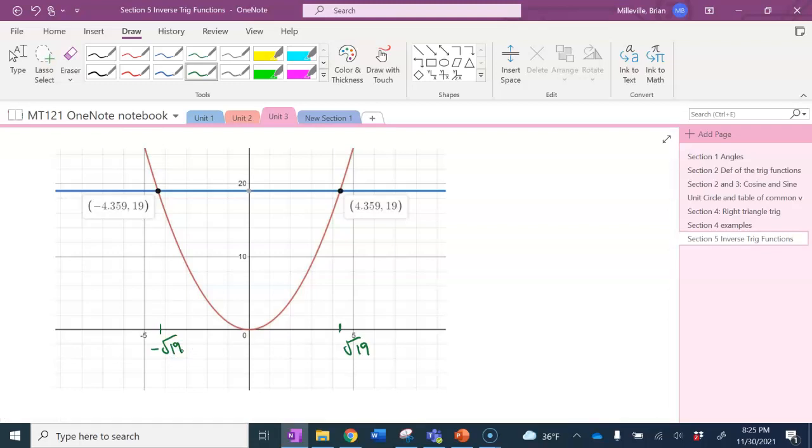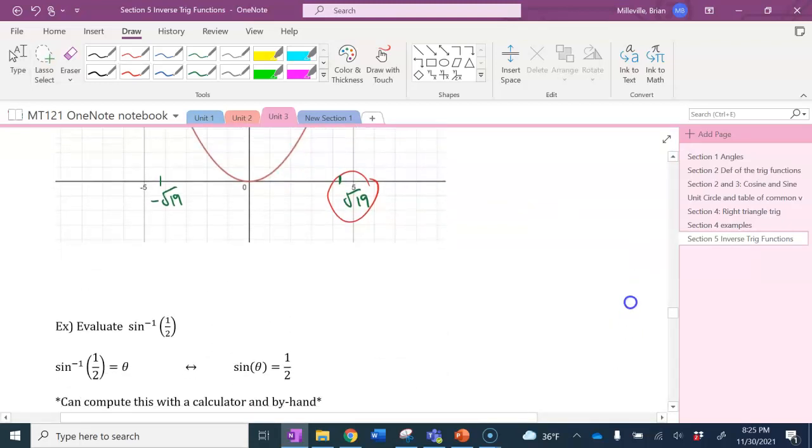Now, we're really going to be focusing on the positive solution here and forgetting about the negative solution. Notice this equation, x squared equals 19, has 2 solutions. For the inverse function, we are only concerned about the positive solution, only one of those. Let's keep that in mind here.